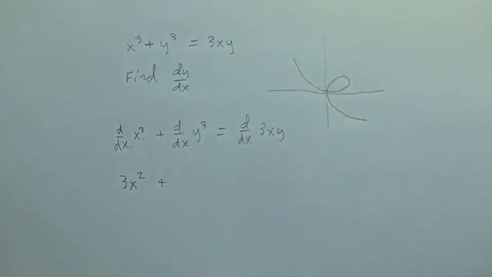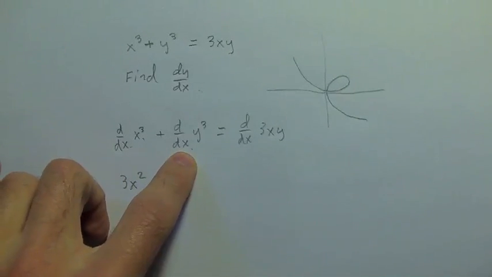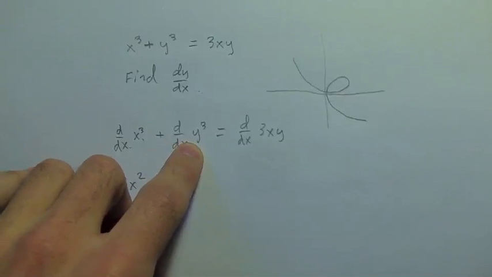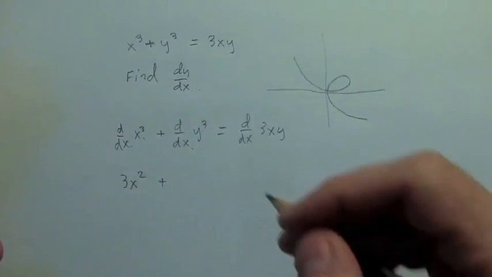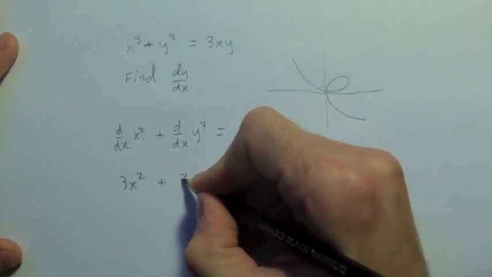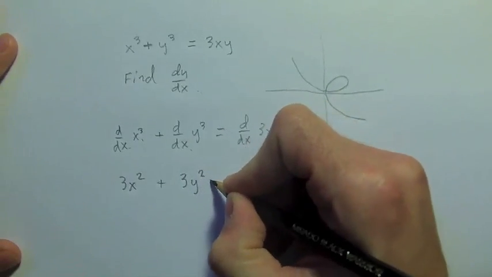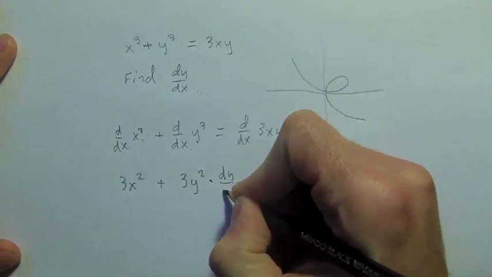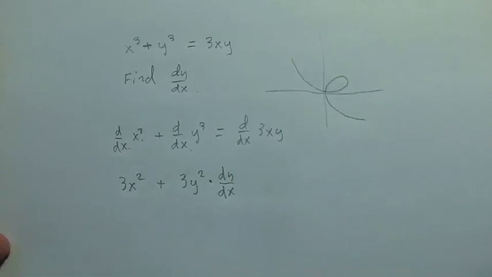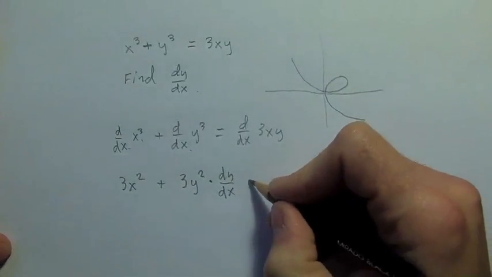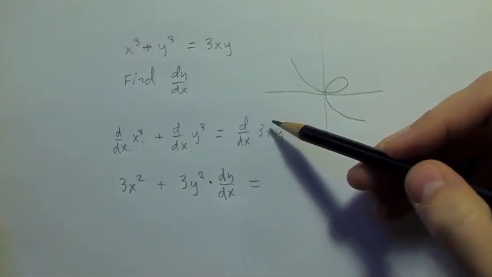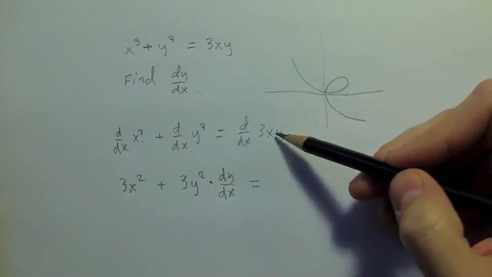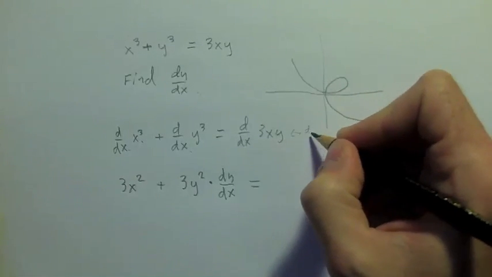And remember, whenever we take the derivative of something with y in it with respect to x, we're going to use the chain rule. That basically means we just use the power rule like normal, but we multiply by dy over dx. Now this is going to be equal to the derivative of this side, 3xy, and this is going to be a product rule.